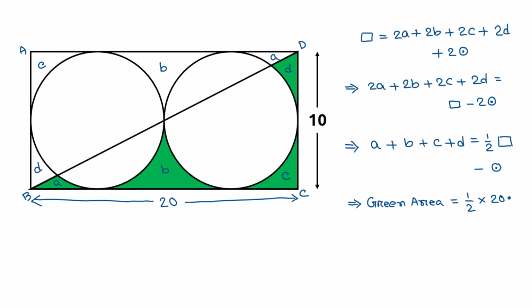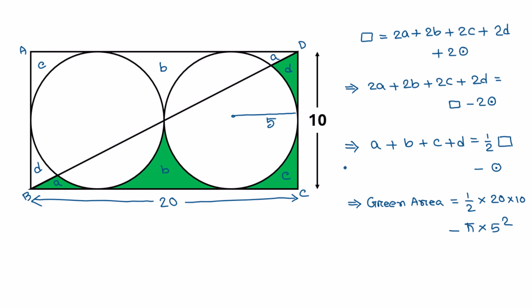length times width minus the area of circle. The area of circle will be pi times r square. The radius of this circle will be 5 unit, because the diameter of this circle is 10 unit. So pi times r square, which is 5 square.